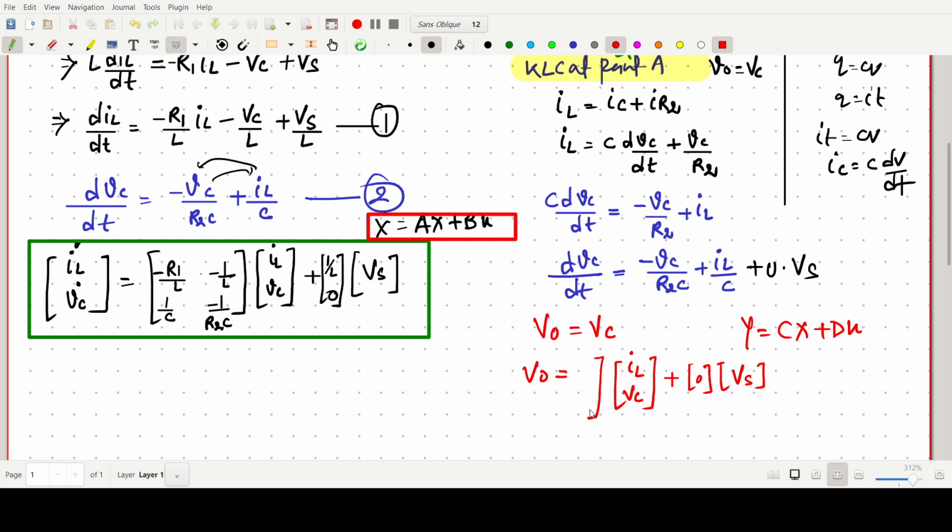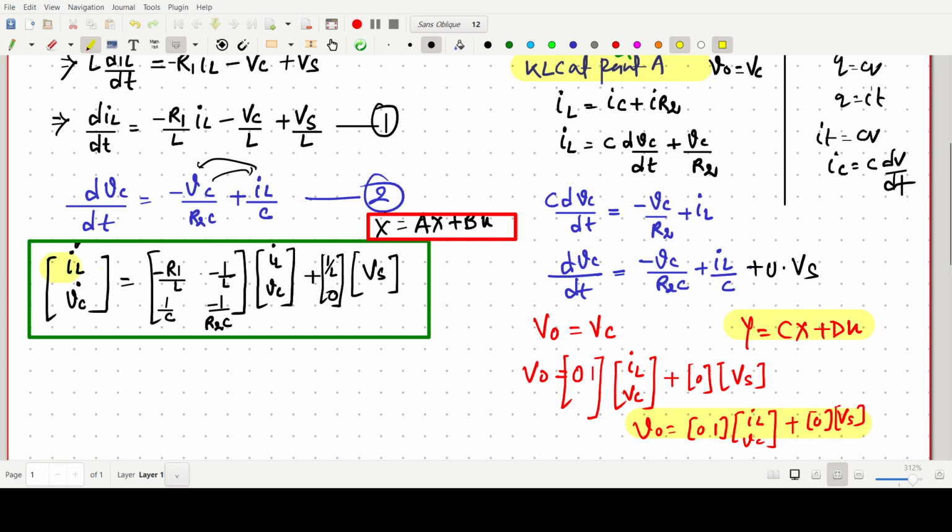And for this one, 0 and 1, because 0 for IL and 1 for VC. So this one is the output one, 0 1. You have to write IL VC plus 0 times of Vs, the source. So this one is the another equation for the state output equation.